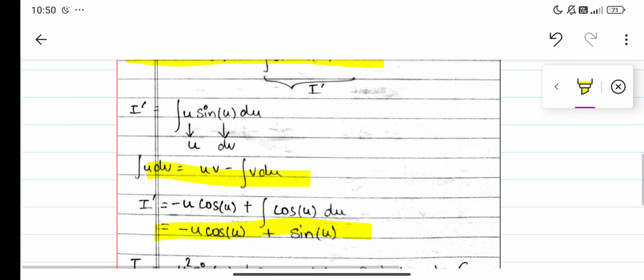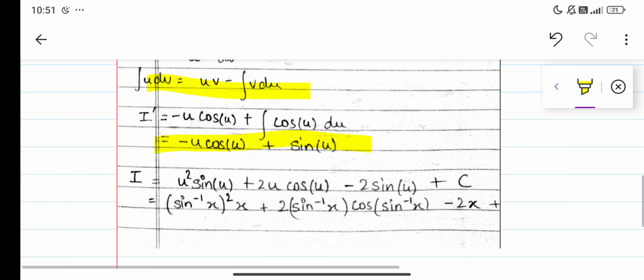Minus 2 times this, minus 2 times minus u cos u plus integral cos u du, is minus 2 times minus u cos u, which is 2u cos u, and minus 2 sine u, right? So I get u square sine u plus 2u cos u minus 2 sine u plus an integration constant, since we are solving an indefinite integration.